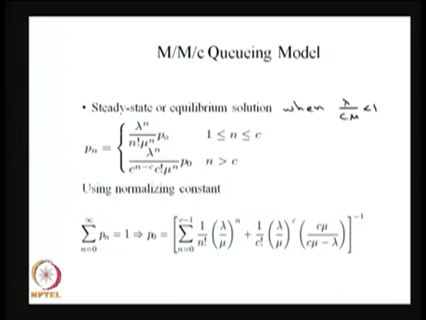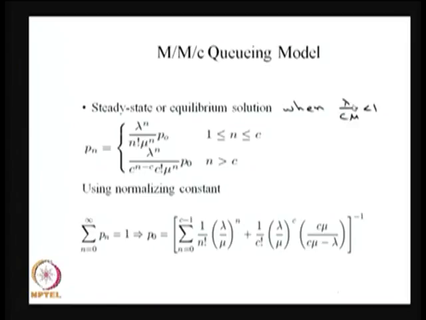Now, our interest is to find the steady state or equilibrium solution. Since it is an infinite capacity model, if you observe the birth-death process with the infinite state space, you need a condition so that the steady state probabilities exist.